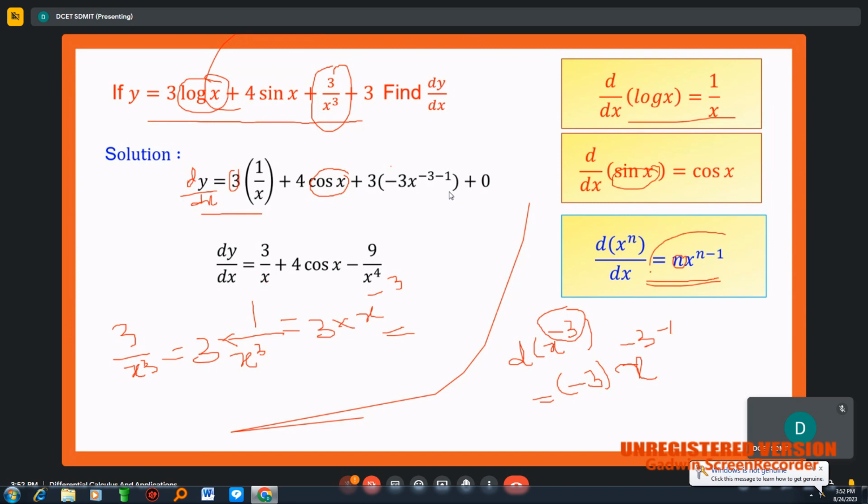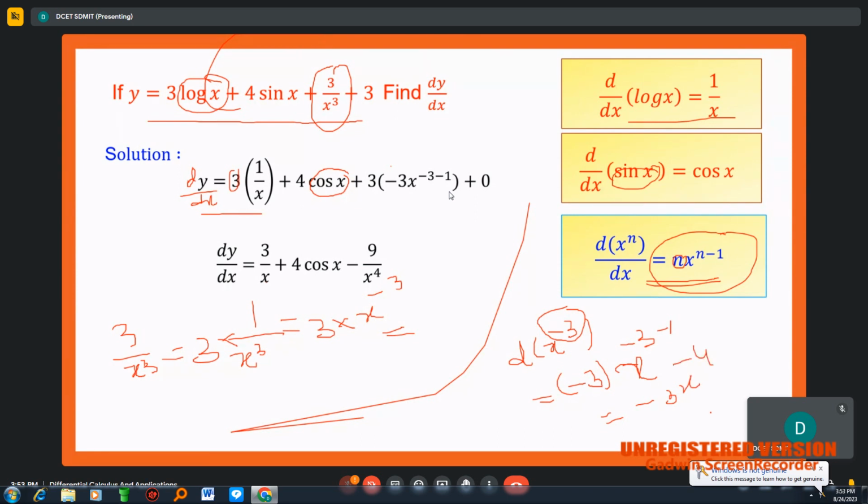We used the power rule, that is n into x to the power of n minus 1. Here n is minus 3, so minus 3 into x to the power of minus 3 minus 1. This is equal to minus 3 into x to the power of minus 4.